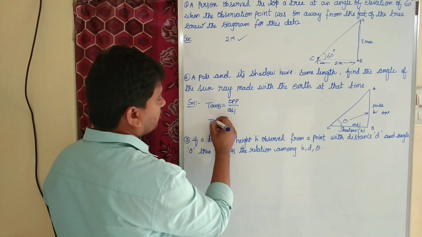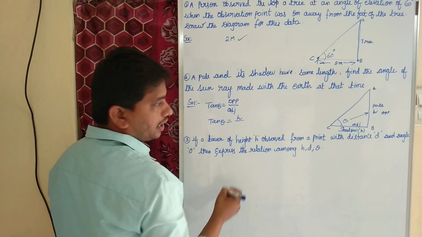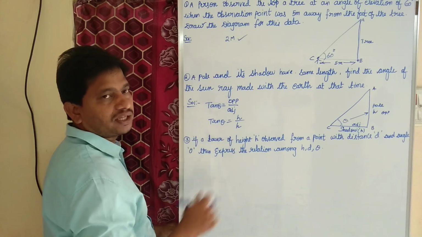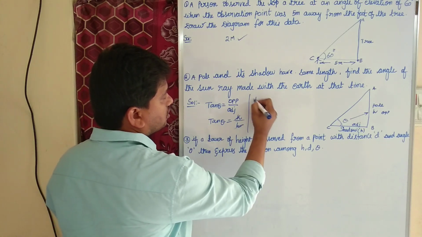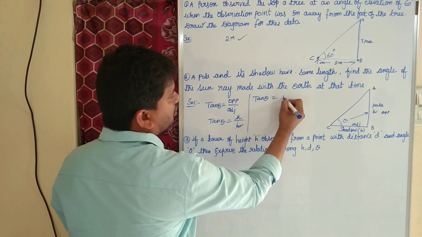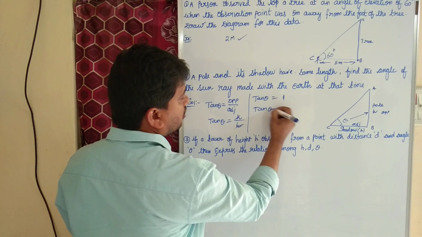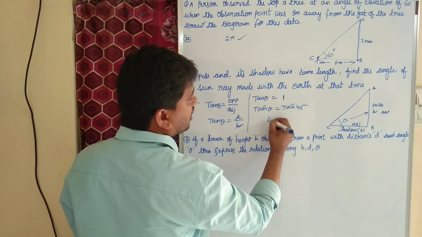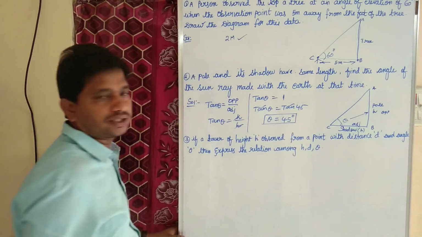So tan theta equals opposite side, height of the pole h, over adjacent side, shadow length h, because both are of the same length. As h gets cancelled, tan theta equals 1. Tan 45 value is 1. So theta equals 45 degrees.